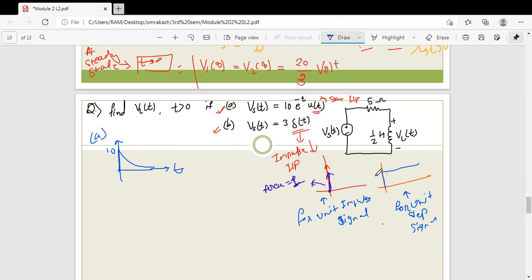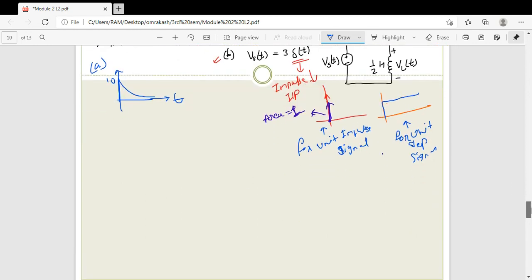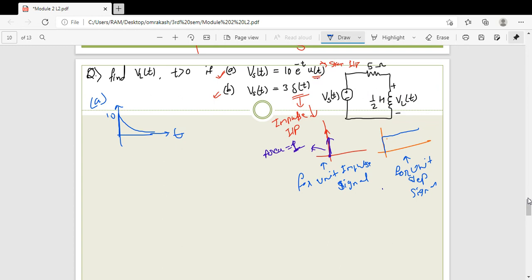So solve this circuit. First of all, you need to observe this circuit and redraw it in the Laplace domain. How to draw this circuit in the Laplace domain? Simple. This V of t is written as V of S, in terms of S, right? And this 5 ohm resistance is written as it is here, 5 ohm resistance.